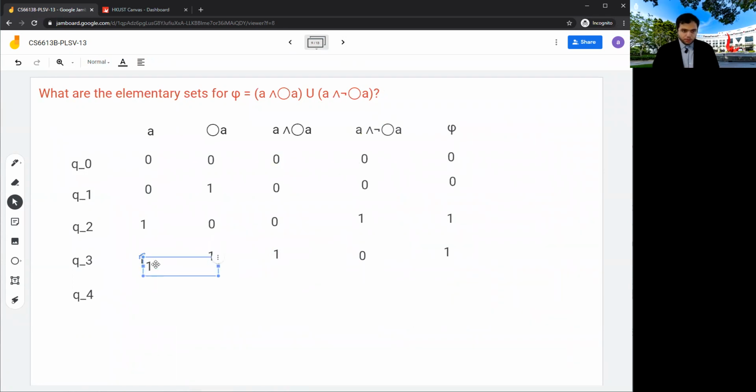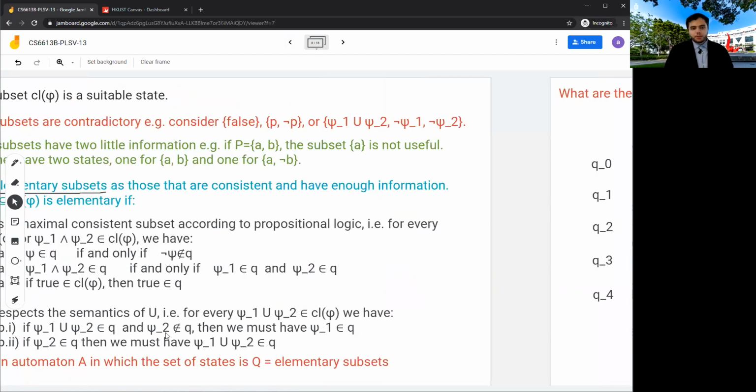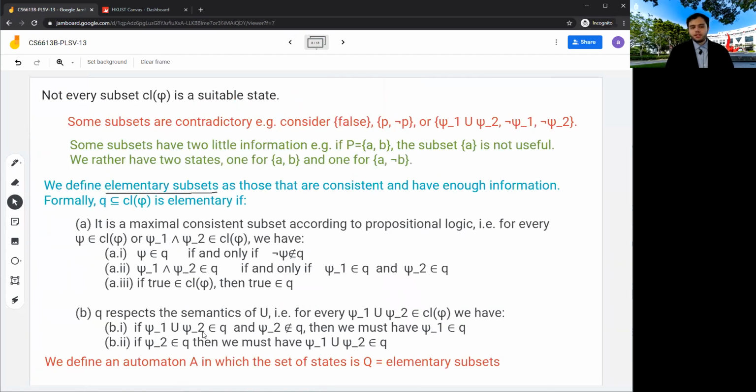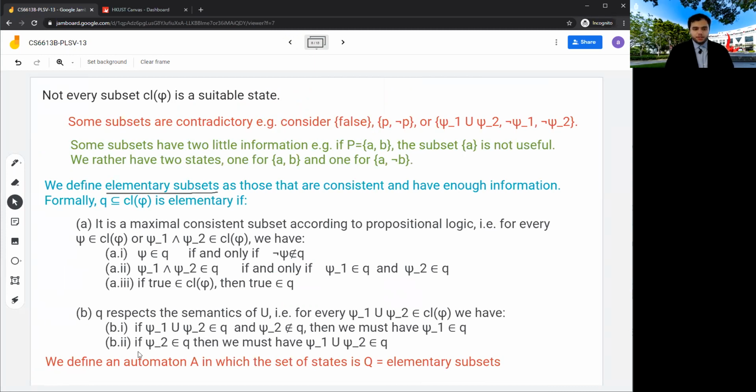But I can also put 0 in the last position there. So let's just take the same thing as before, and let's see what happens if we put a 0 here. This rule only talks about when you put a 1 for psi1 until psi2. But there is also another rule that says that if psi2 is in, then you should definitely put this one in as well.